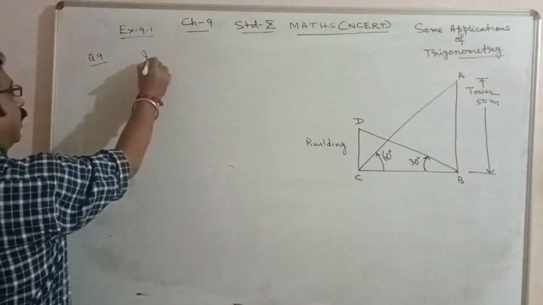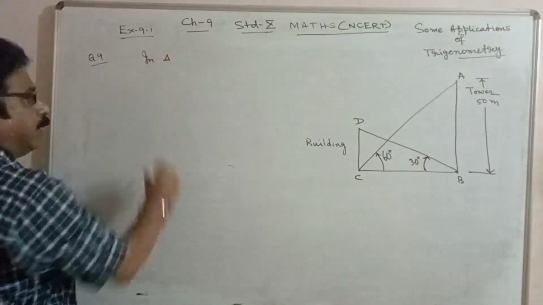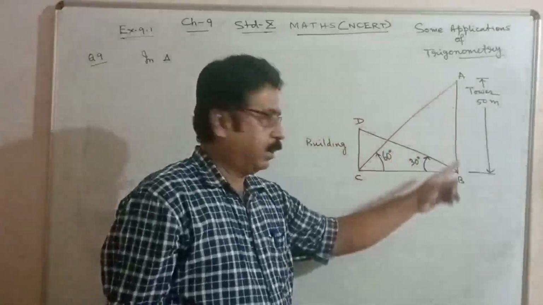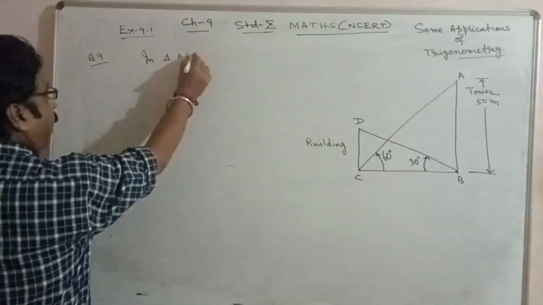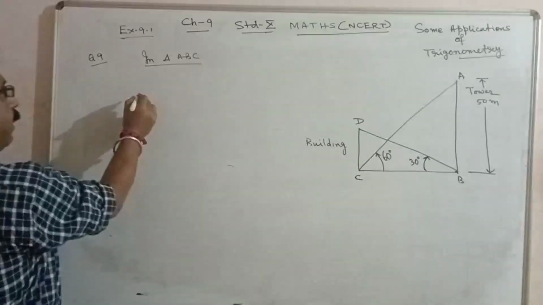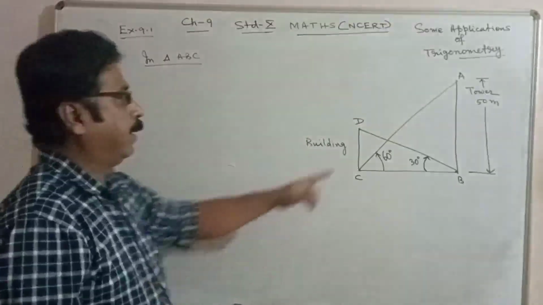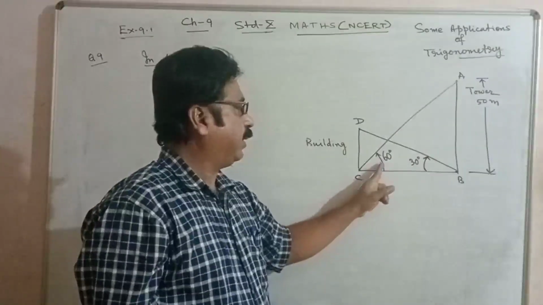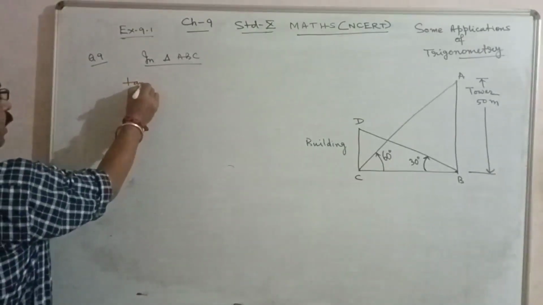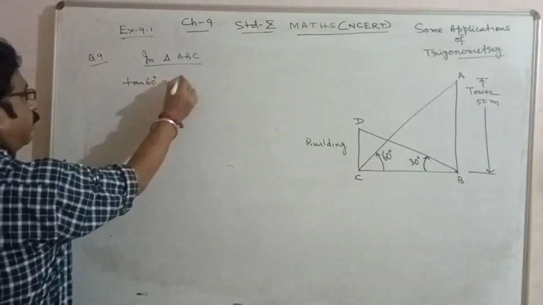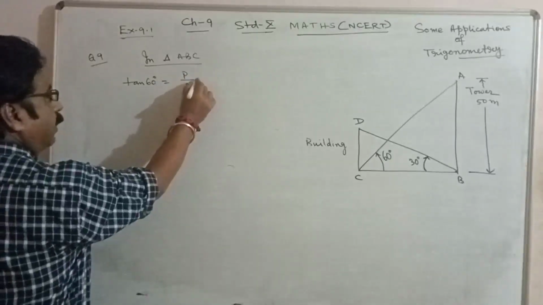First take in triangle ABC. C is 60 degree, tan 60 degree is perpendicular upon base.